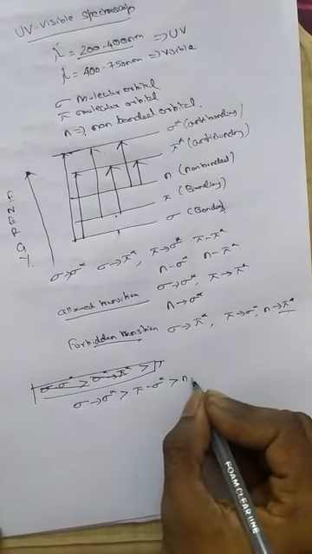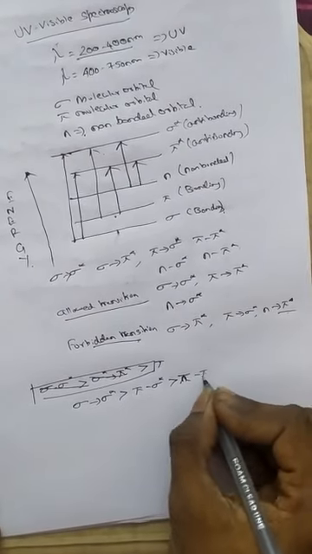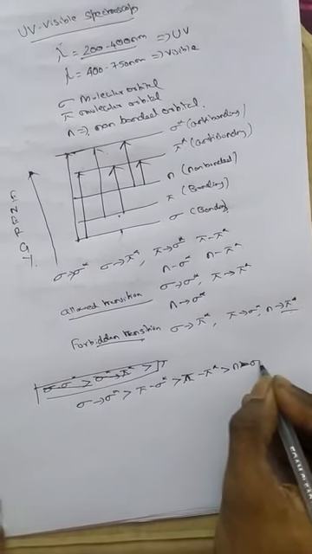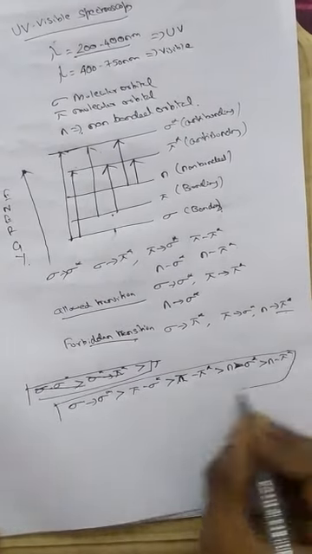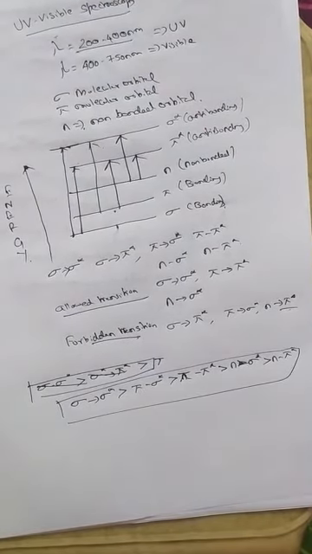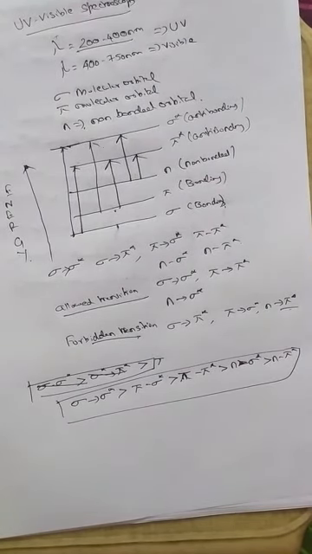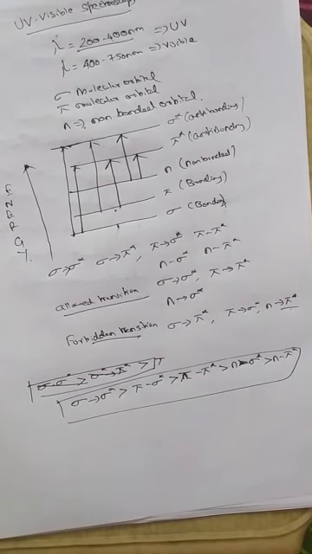Then comes pi to pi star, then n to sigma star, and then n to pi star. So this is the order of the energy of the absorption: sigma to sigma star the highest, then pi to sigma star, pi to pi star, n to sigma star, and then n to pi star.